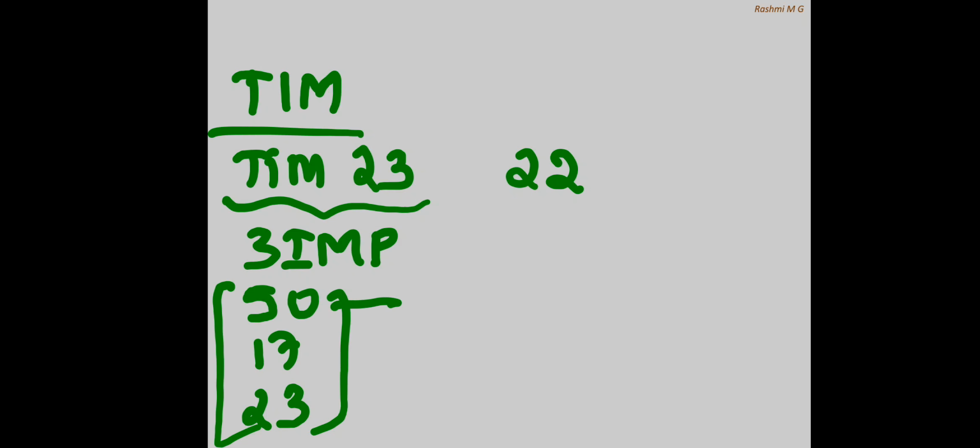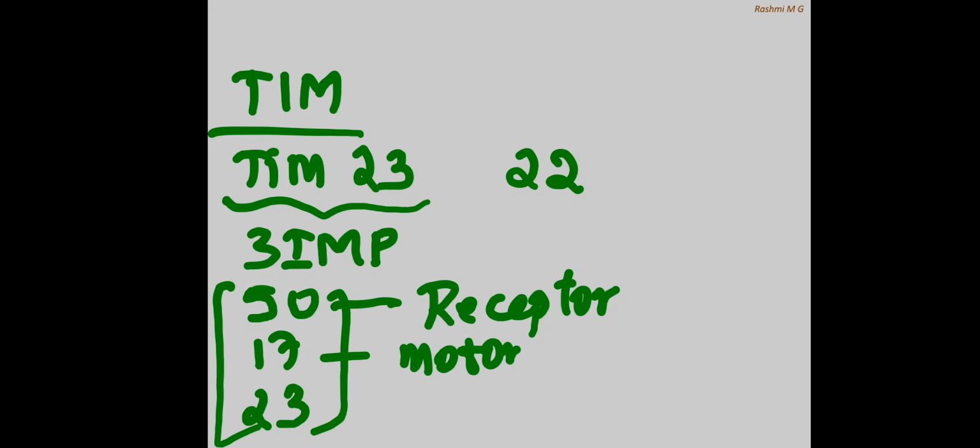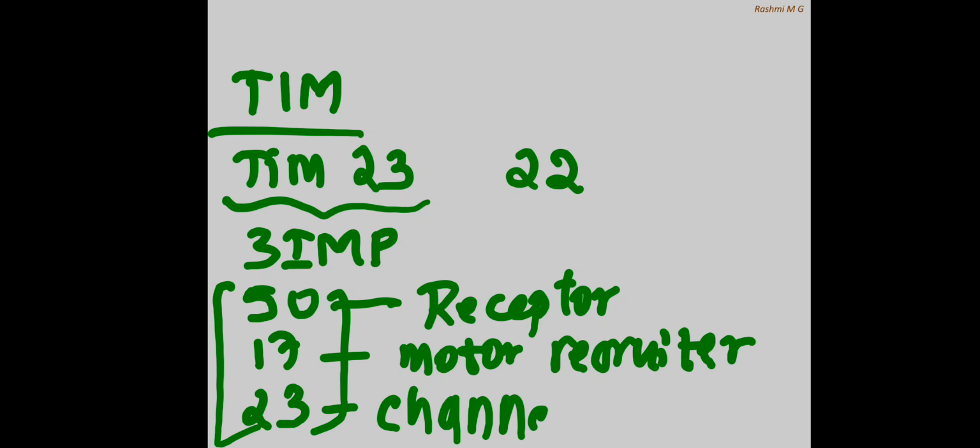So Tim 50 is a receptor which receives, Tim 17 is a motor recruiter, and Tim 23 is a channel forming protein. So this was about two different translocation complexes present in the mitochondrial membrane.